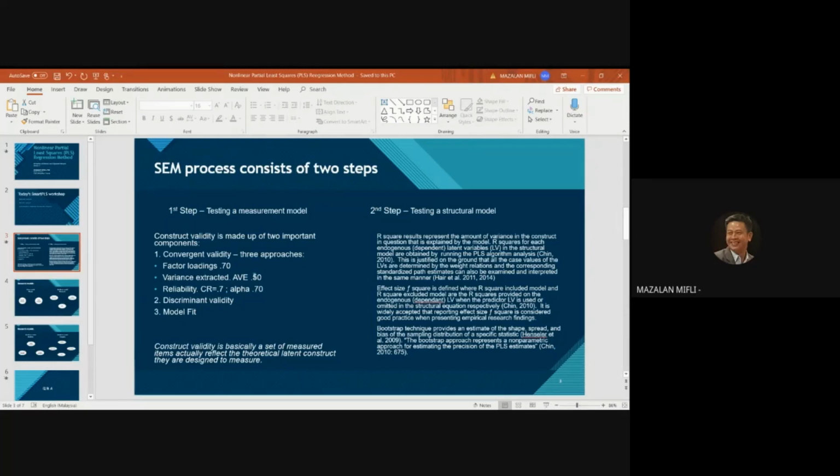And the next one, okay, is the variance extracted. This is the AVE, the average variance extracted. The minimum is 0.5. You have to, because that is the criteria. If it's below 0.5, then that's what the literature says.